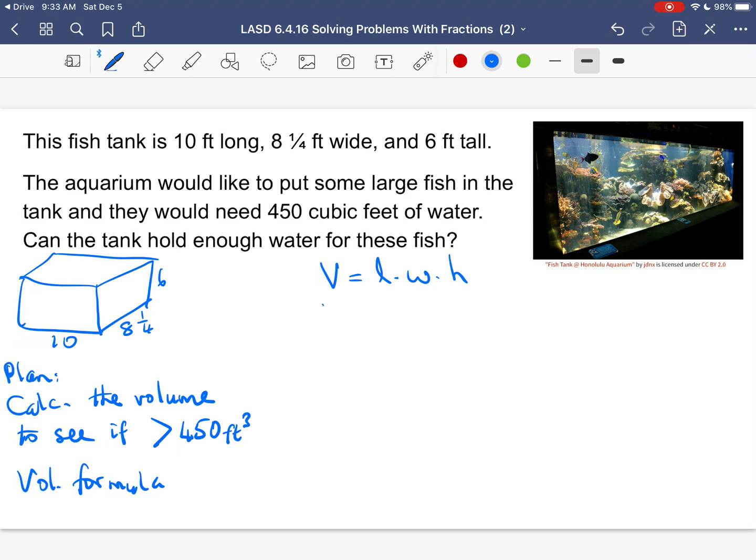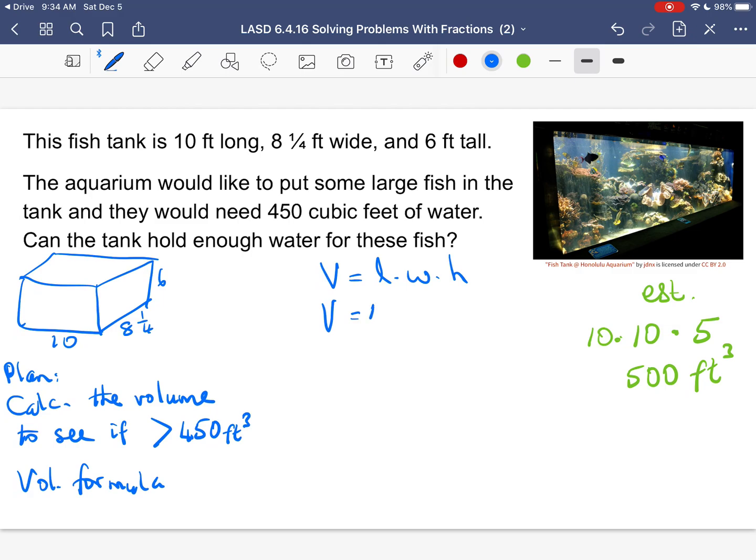Let me do an estimate first, sorry. I'm going to round these numbers. I'm going to say 10, I'm going to round 8 1/4 up, and I'm going to round 6 down. So I'm going to say 10 times 10 times 5, which would be 500 feet cubed. So I know it's going to be somewhere around that. Let me do my calculations now.